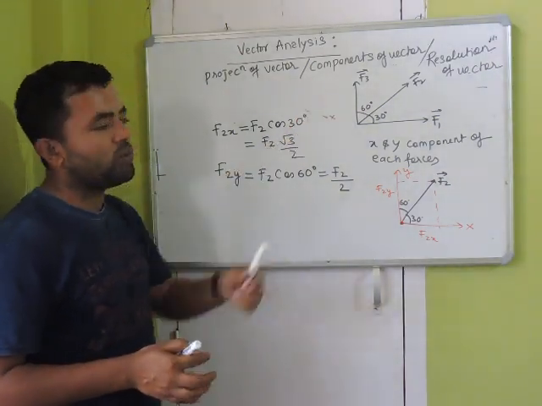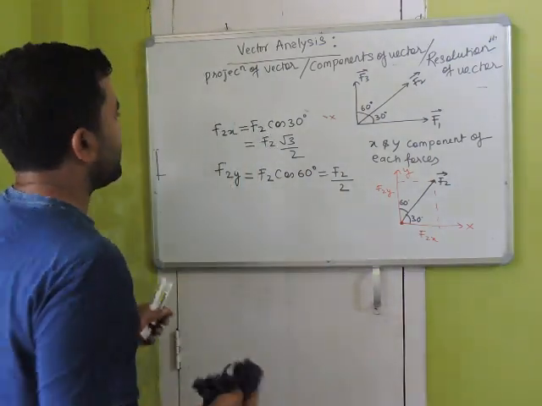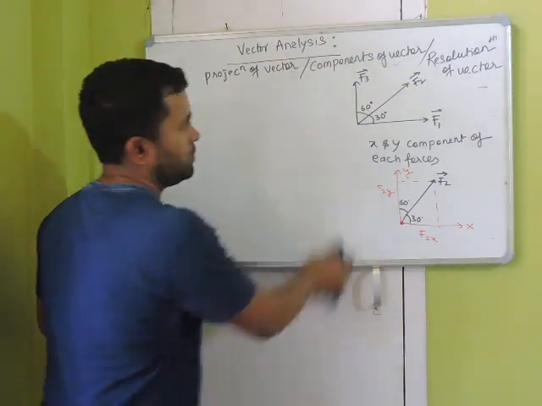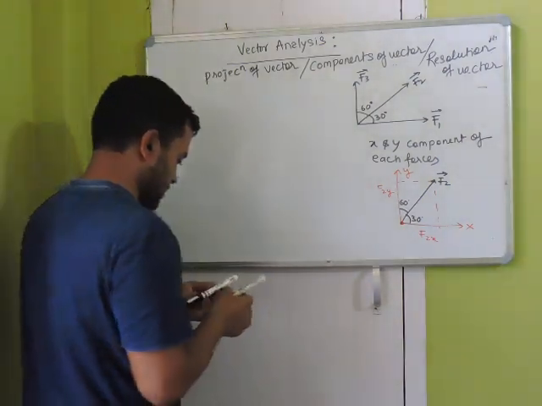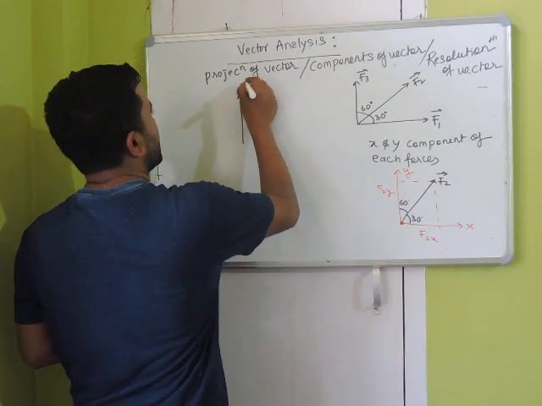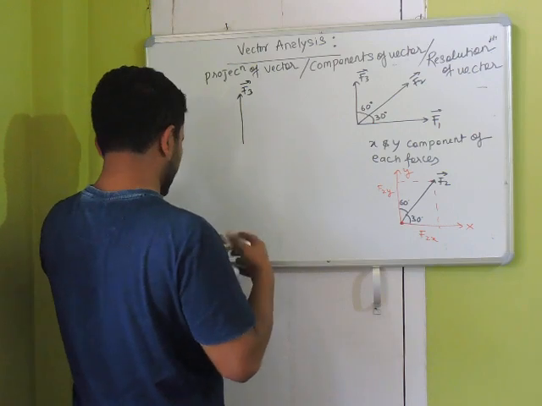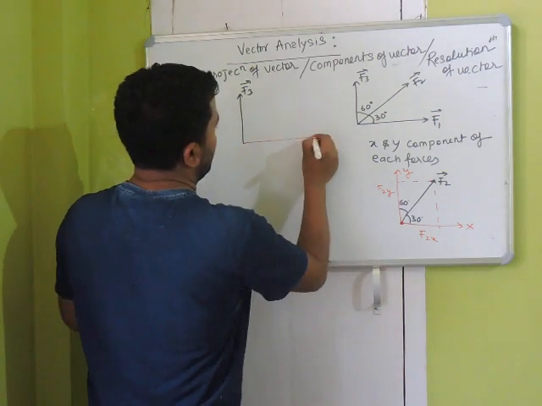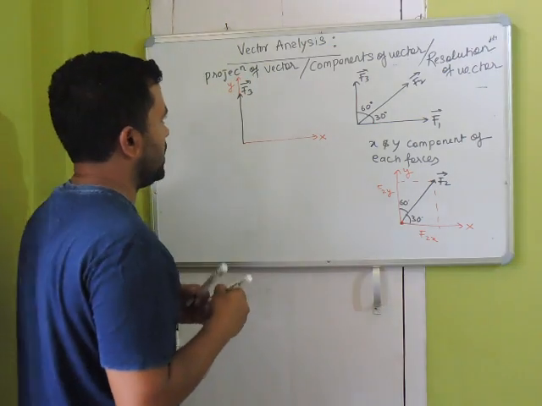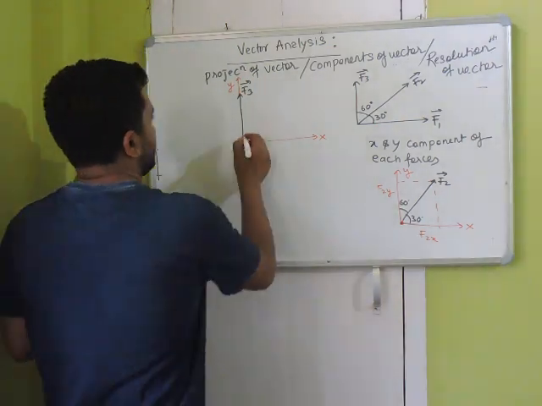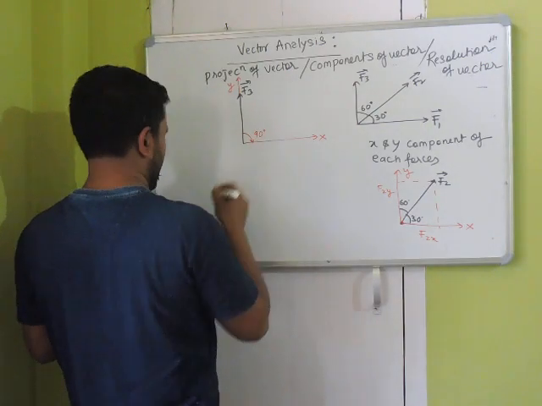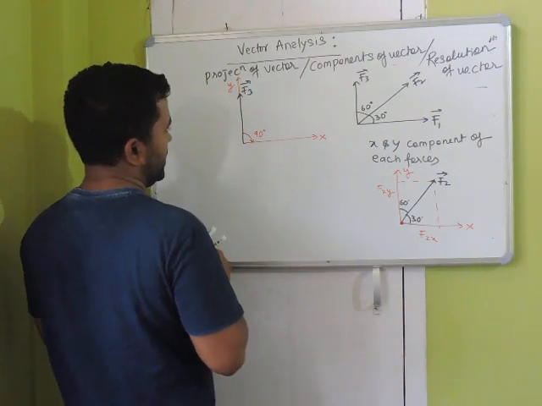Now let us talk about f3. Again, if I have to find the component of f3, this is my f3 vector. Then at the tail I will draw the x-axis and y-axis. Now you can see f3 is making 90 degree with x. Now what is the f3x component?